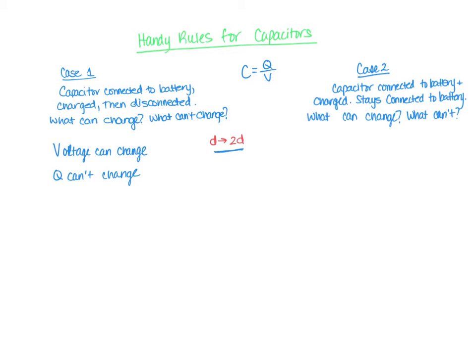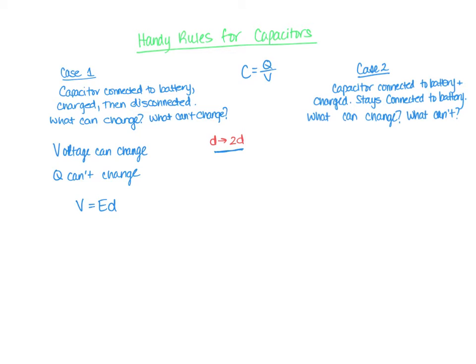So in this situation, once we've disconnected this capacitor from the battery, and now we pull the plates apart so they're twice as far apart, what's going to happen is the voltage, which can be related to the electric field times the distance.